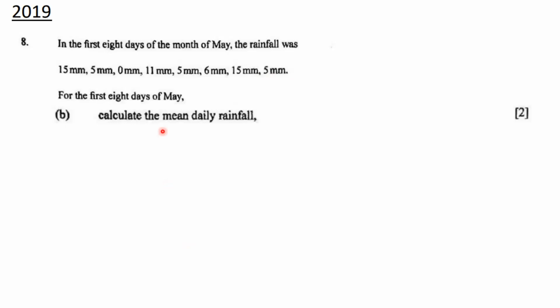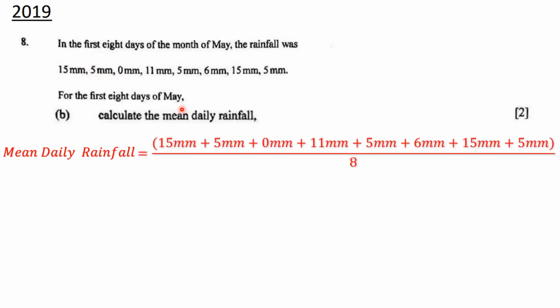Okay, let's move on to the next question here. They want us to figure out the mean daily rainfall. Well, mean is going to be the sum of all these rainfalls divided by the number of days that we have, right? So let's add them.